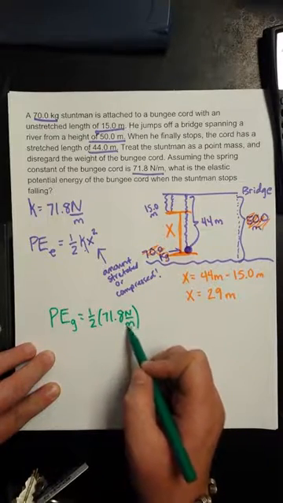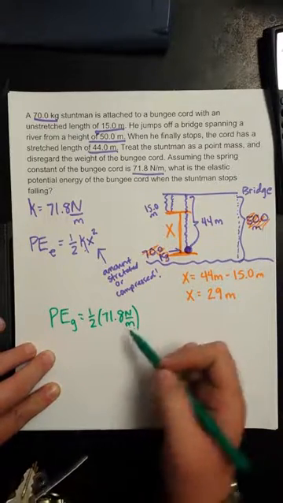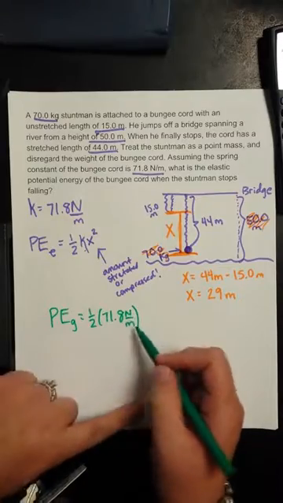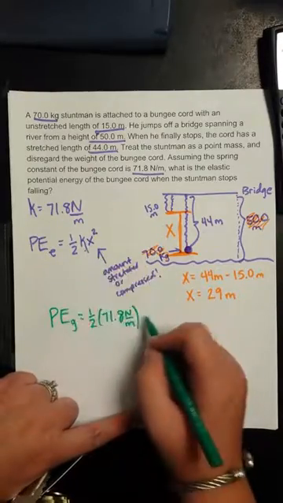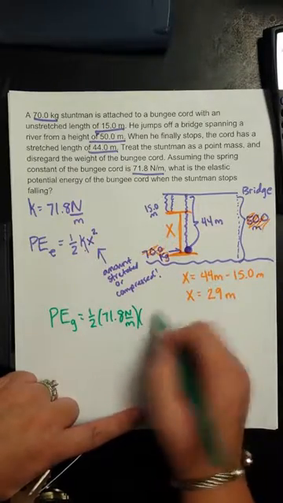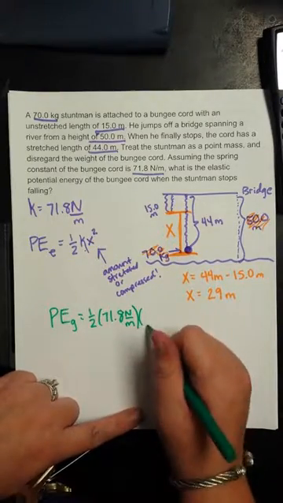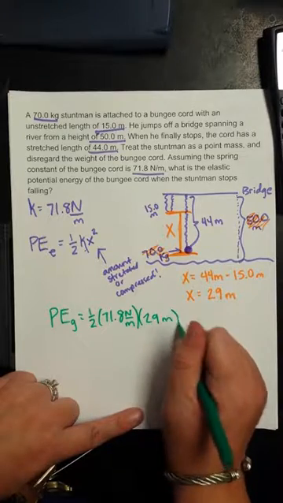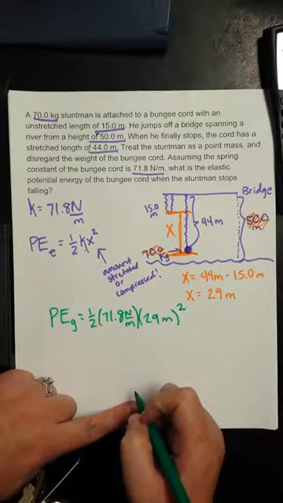That's the amount of force required to stretch or compress it by 1 meter. So it makes sense it's force over distance. And then times this stretched length, 29 meters squared.